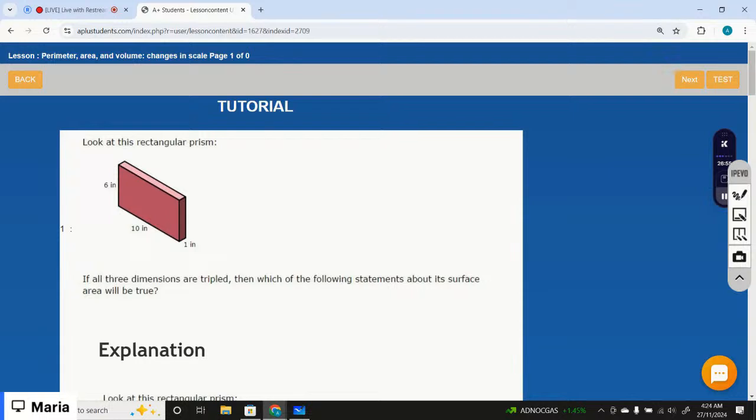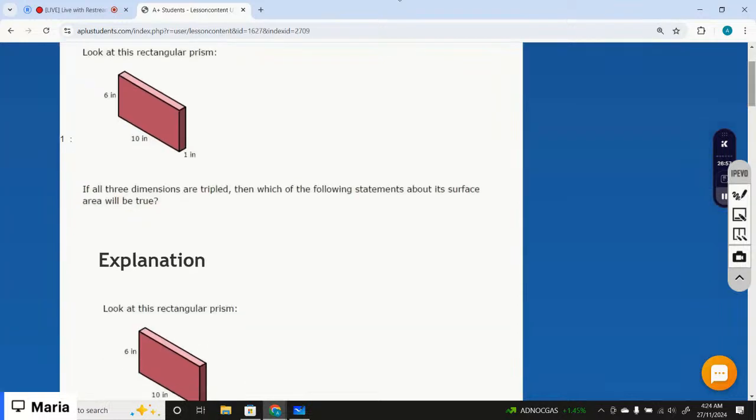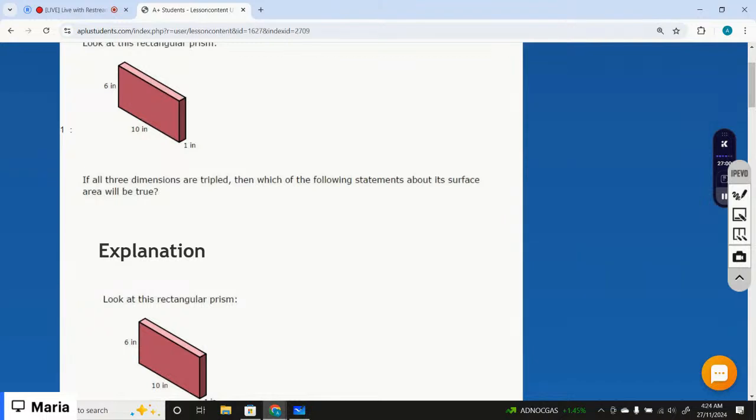Look at this rectangular prism. If all three dimensions are tripled, which of the following statements about its surface area will be true?